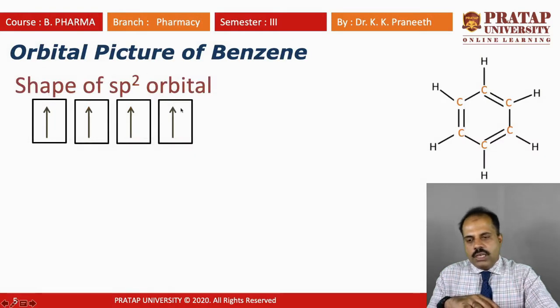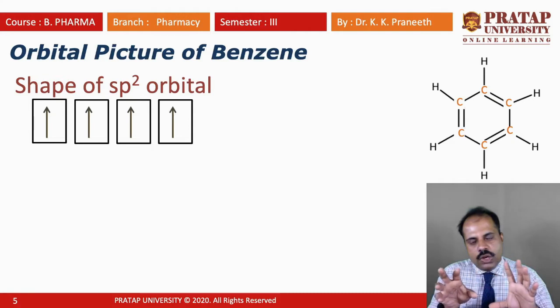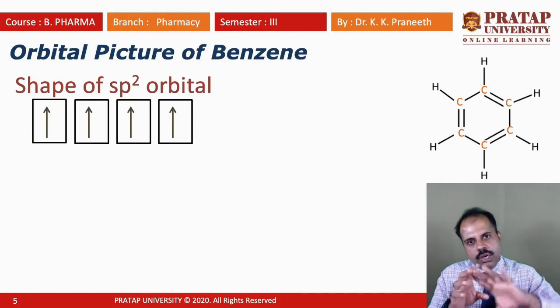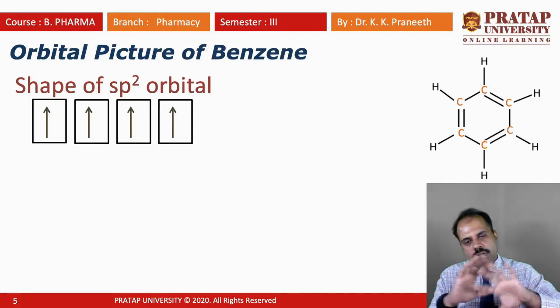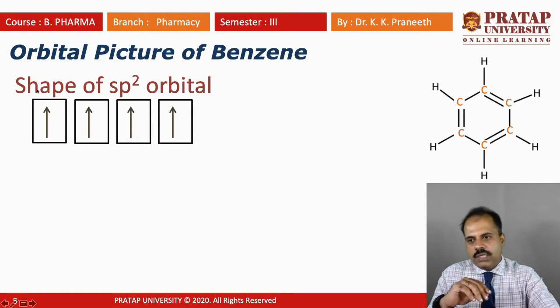Before that, we will see the shape of the sp2 orbital. First you need to know the shape, and then we can build the orbital picture of benzene. So let's see what the shape of this hybrid orbital looks like.